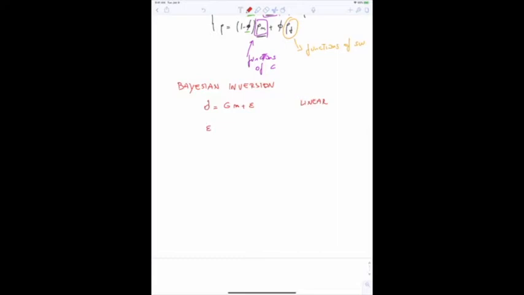We assume that the errors are normally distributed with zero mean and some covariance matrix that we assume is known. And we assume that M is distributed according to a prior model, which is Gaussian, where the prior mean is mu M and the prior covariance matrix is sigma M.